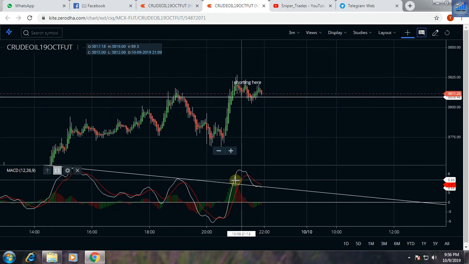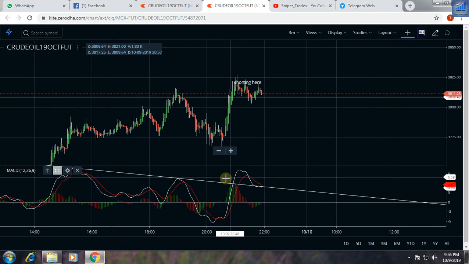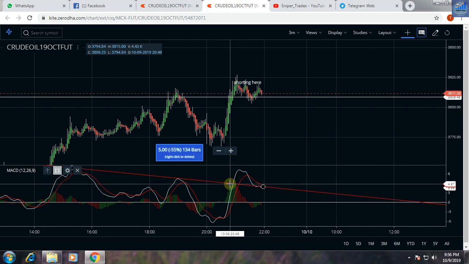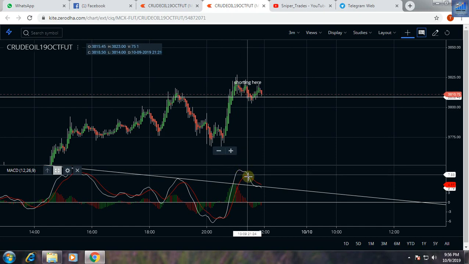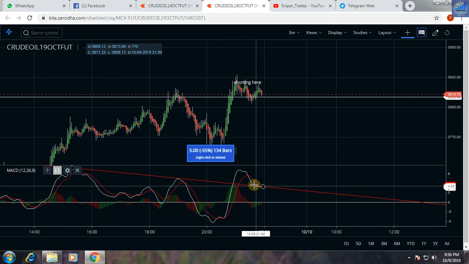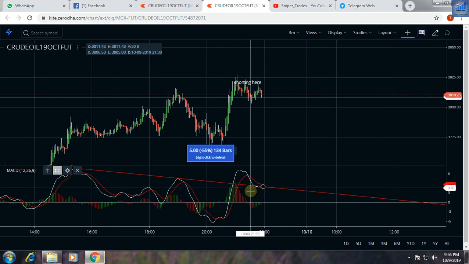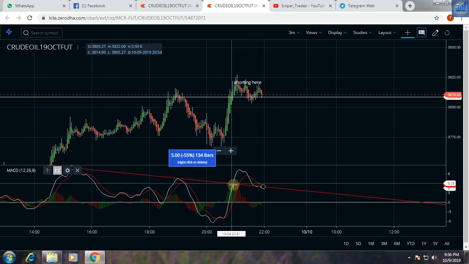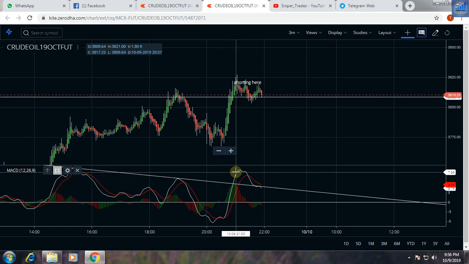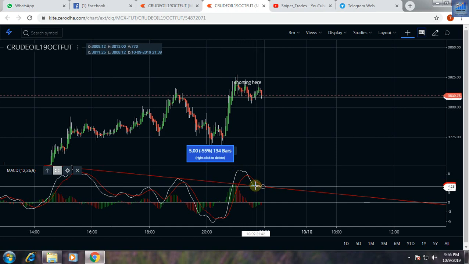After the MACD line has crossed upwards this particular trend line resistance, when it comes back and hits this particular line, this line will act as a support. Before the MACD line crossed, this line was a resistance, and after it broke and went upward and again came downward and hit this line, this line will act as a support.